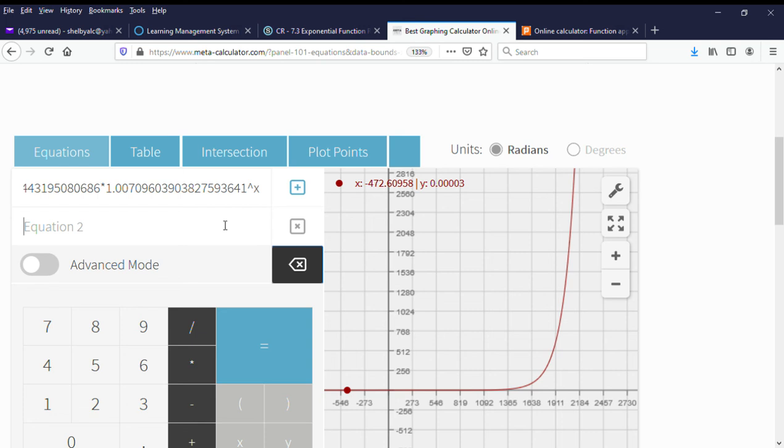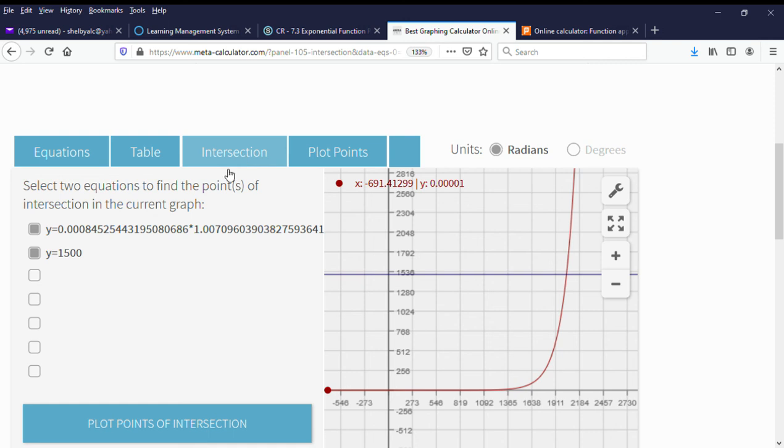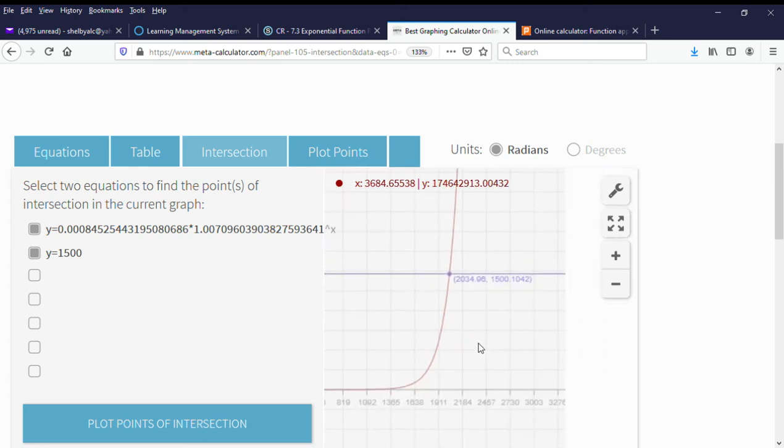We need to make a new equation where Y is equal to 1500. This is this blue line that's coming across here. So Y is equal to 1,500, 1,500 thousands, meaning 1.5 million, and we go to intersection. So plot the line, go to intersection, plot the points of intersection, yes, and now it's telling us right there. We can't see it, so move it.